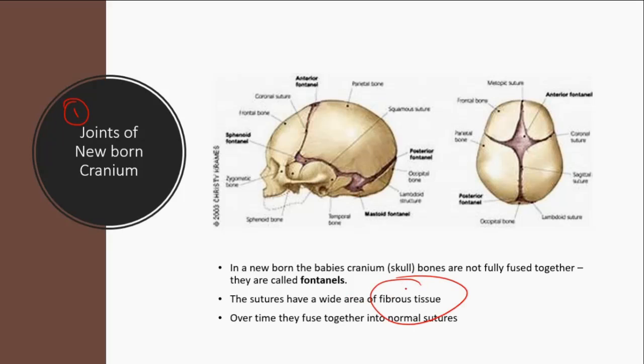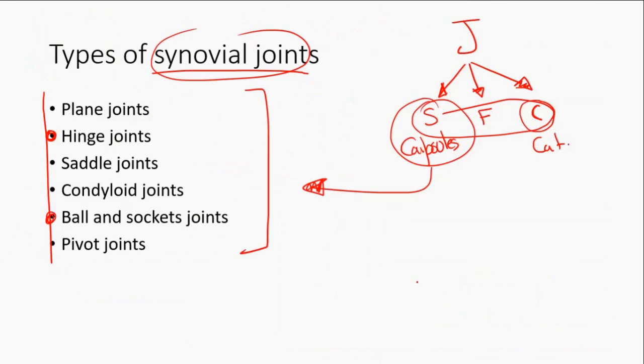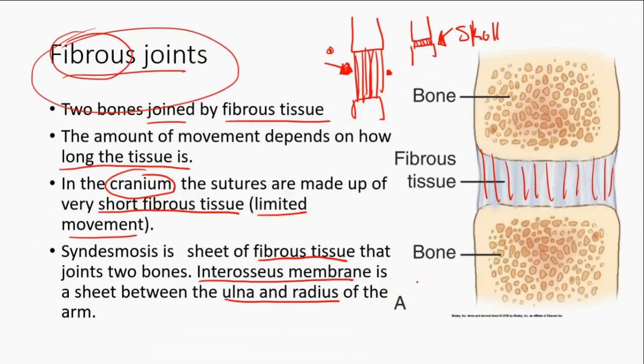The fibrous joints, right? Remember we said before that if the fibrous joint is really short, then it limits the movement between the bones, and that's what you can see if I go back.